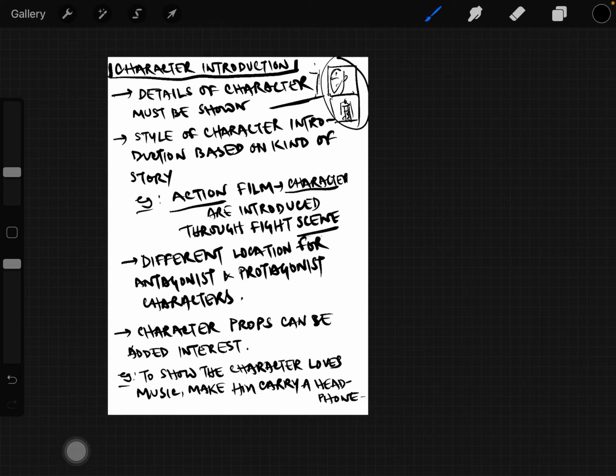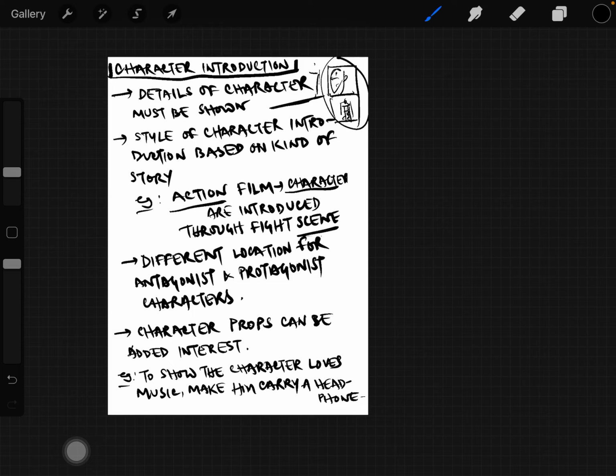So if it's a romantic film, the character will not be shown in a fight scene at the very beginning. If it's a horror film, the character will be shown being afraid of the ghost or whatever, right? So whatever the genre of the film is, characters are introduced mostly in that way.